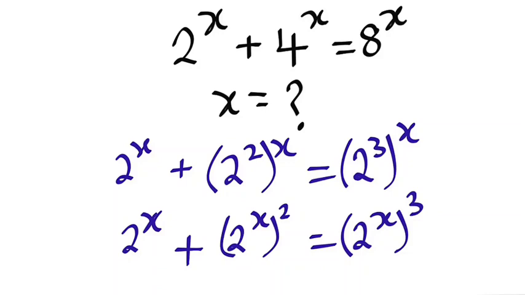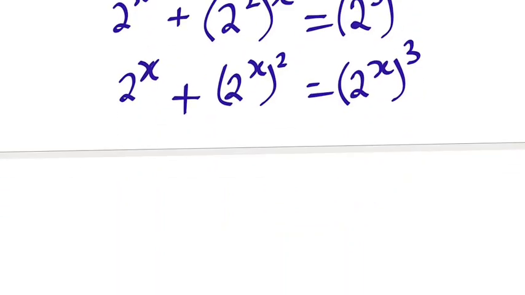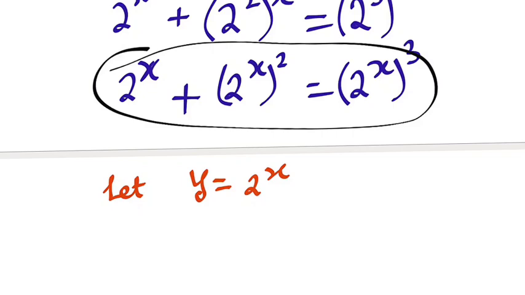Alright, so from there, we move on. Let y equal 2 to the power of x. So anywhere we see 2 to the power of x from here, we're going to replace it by y.